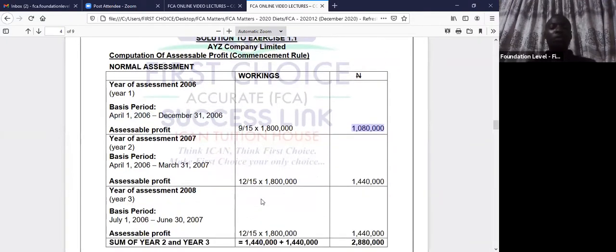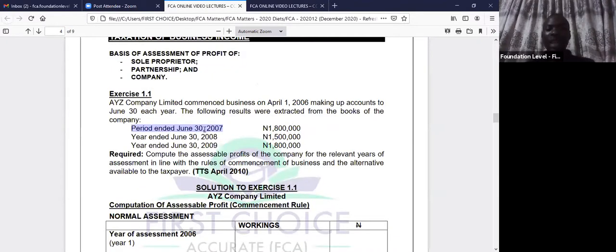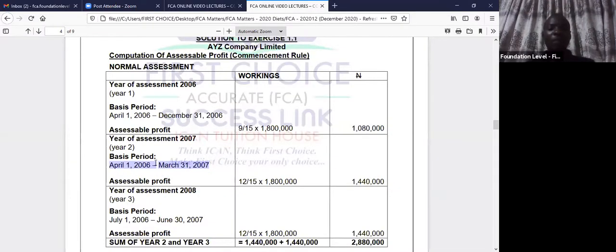We'll go to year 2. We are still looking for April 1, 26 to March 31st, 27. And this account ends in June, and it's a 15-month period. And this April to March is a 12-month period. So we take 12 out of 15, and it gives us 1,440.